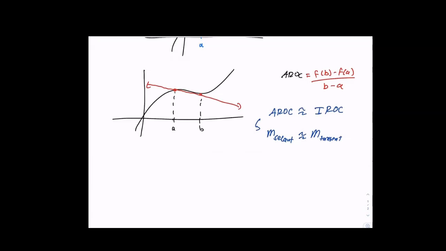This was your basic understanding from yesterday: the slope of the secant line approximates the slope of the tangent for small values of h.